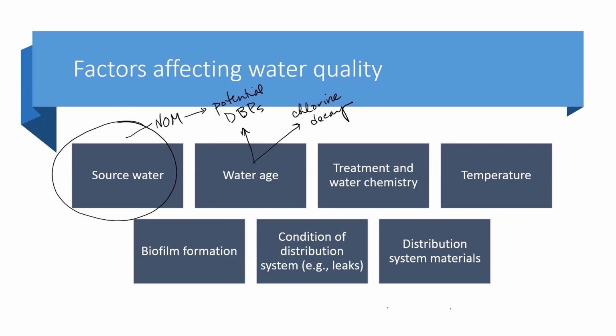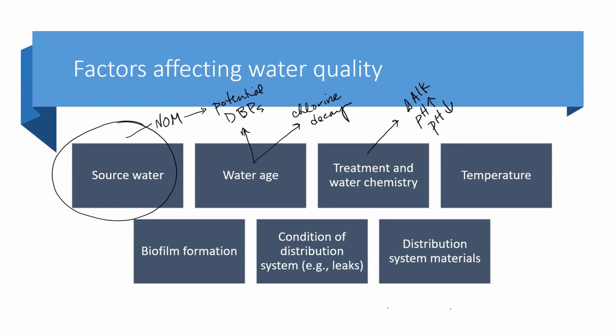So if we reduce the alkalinity, that can result in pH swings. So we can end up with significant changes in alkalinity.